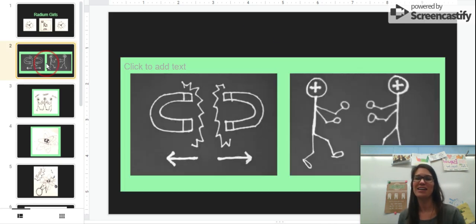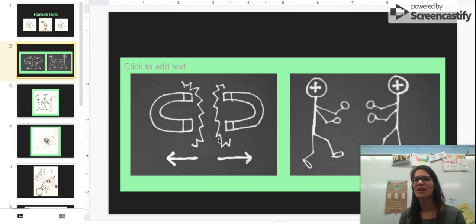So we're going to start by talking about an atom, and an atom has a center called the nucleus, which is made up of protons and neutrons. If I were to represent protons using magnets, two magnets of the same charge are going to repel. They really fight each other.